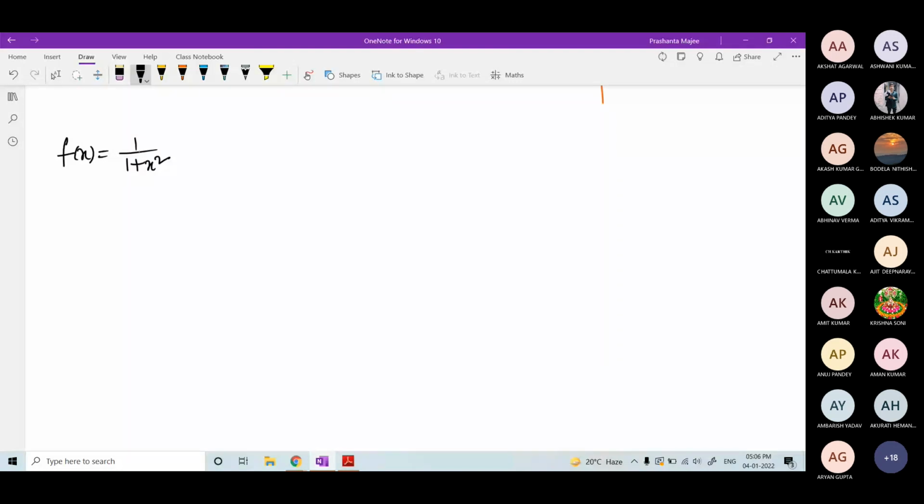No. Now if you plot this function in the xy plane, the graph of the function looks something like this. This is the x-axis, this side is the y-axis. At x equals 0, the height will be 1. Suppose this is 1, this is 2, and on the other side -1, -2.